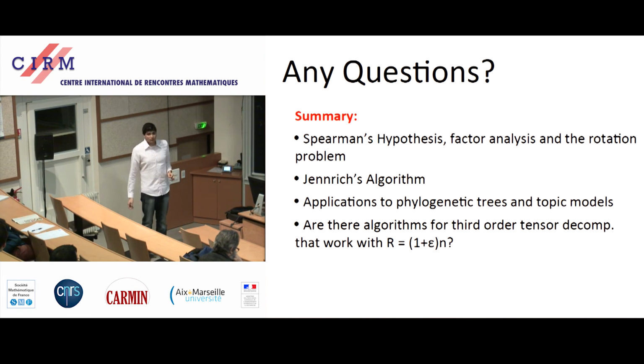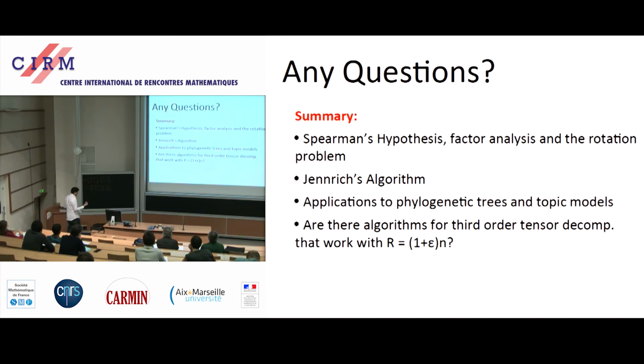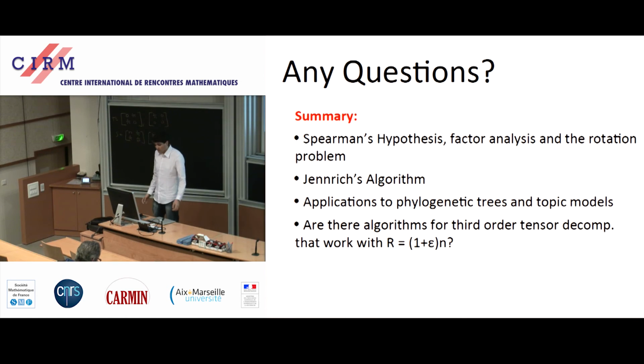Once you have Jennrich's algorithm as a method to go from a low-rank tensor to the factors that defined it, you can apply it in many different settings in learning, because the question really is, where in your problem are you going to find a low-rank tensor? In a lot of those cases, it's a matter of being clever about what statistics you can measure about your distribution that themselves look like a low-rank tensor, and really it's where you are going to find 3 conditionally independent random variables. So that's the mechanism by which you can apply tensor decompositions to these problems.